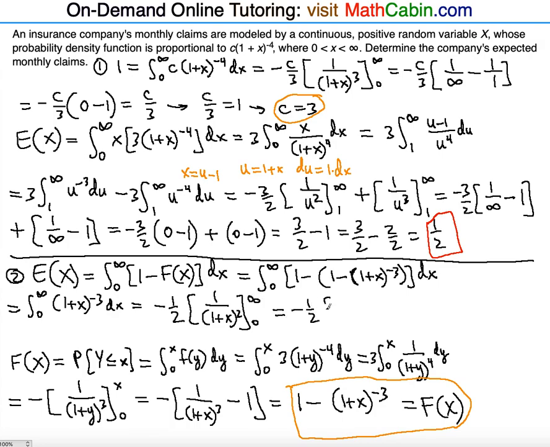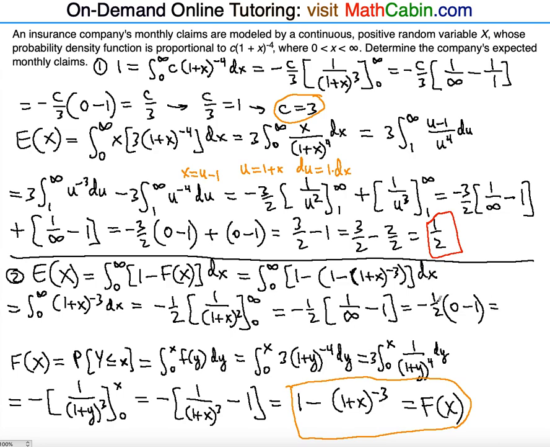Now we get negative 1/2 times 1 over 1 plus infinity, which is still infinity, infinity squared is still infinity, and then minus 1 over 1 plus 0, which is still 1, 1 squared is 1, 1 over 1 is 1. Good. So that's negative 1/2 times 1 over infinity, which is 0, minus 1.